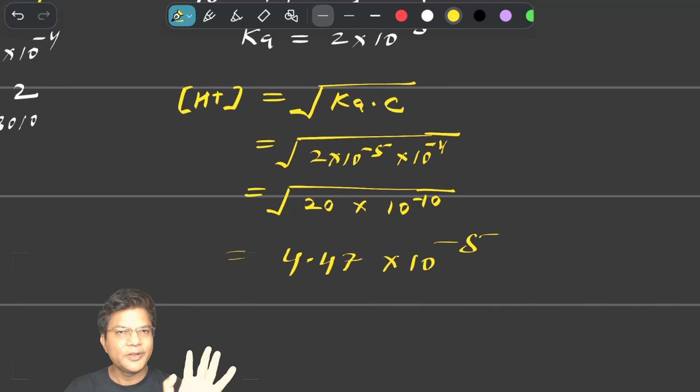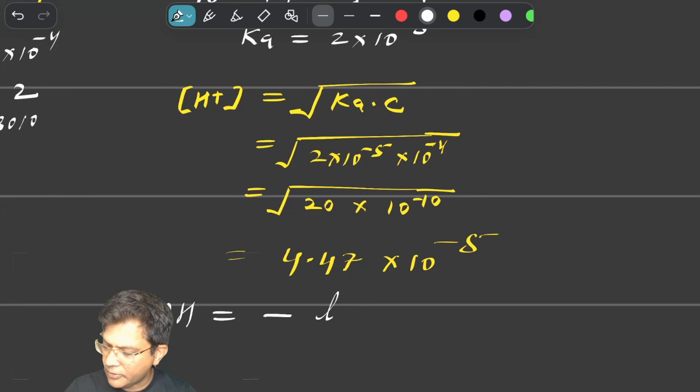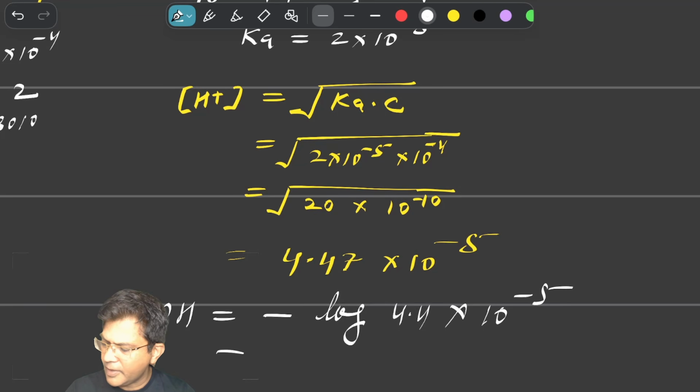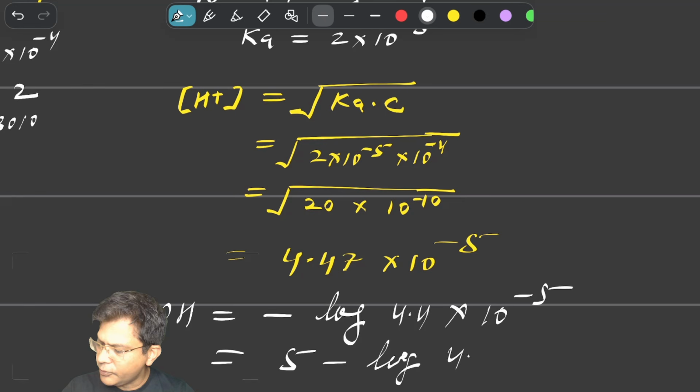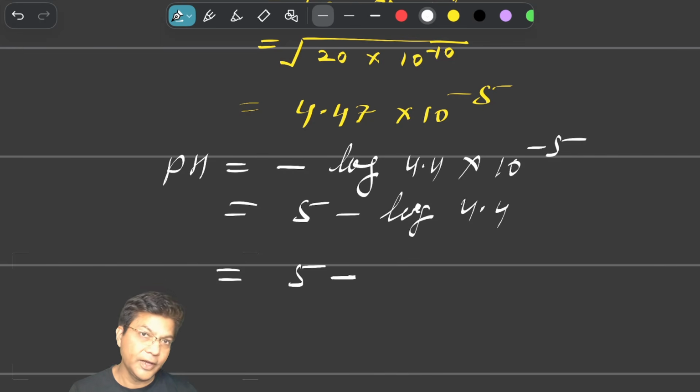Now I got the H plus concentration. So pH is equal to minus log of H plus concentration. So minus log of 4.47, so 4.5 or 4.4 into 10 to the minus 5. So 5 minus log 4.4. Now my dear students, 5 I know, log 4 I know, log 5 I know. Log 4 is how much? 0.6.